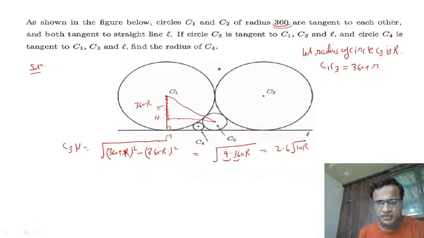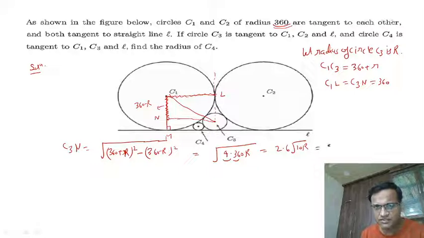If you observe the symmetry of the figure, because C1 and C2 are congruent circles, their radical axis is the common tangent at the point of contact. So by symmetry, C1L equals C3N equals 360.